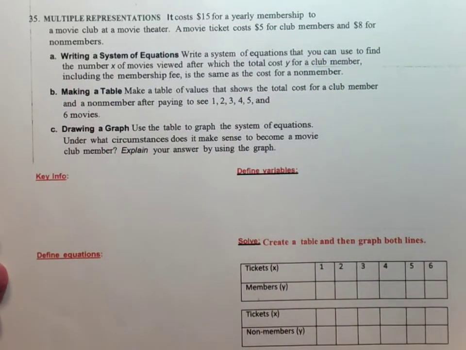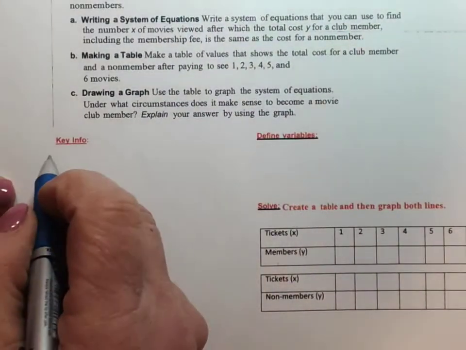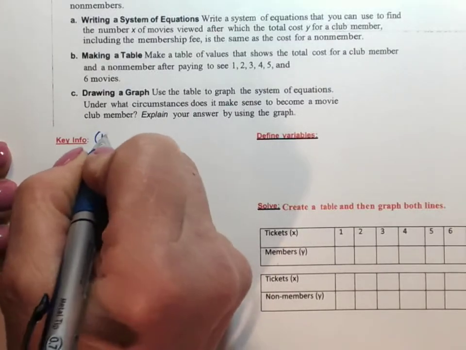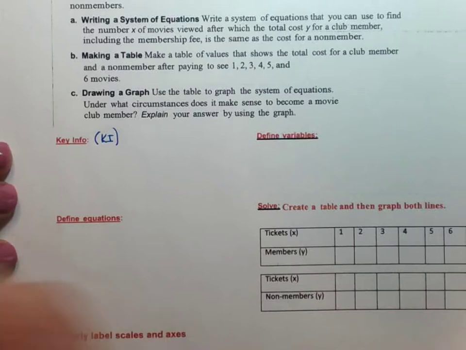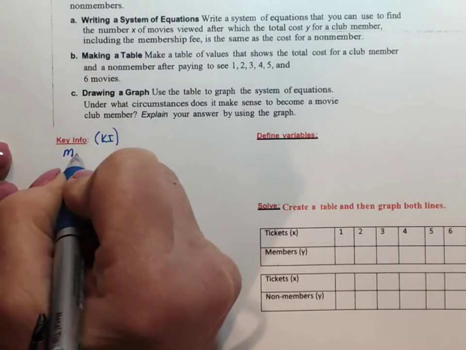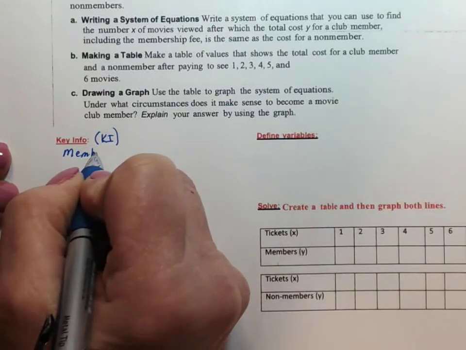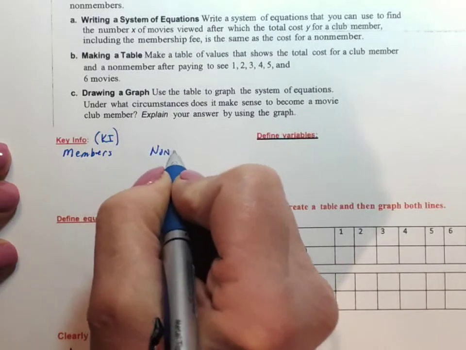Now, whenever you do a word problem, I always want you to write the key information. There's a number of different ways to do it, but here we're talking about members and non-members.